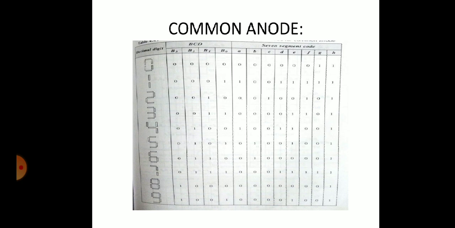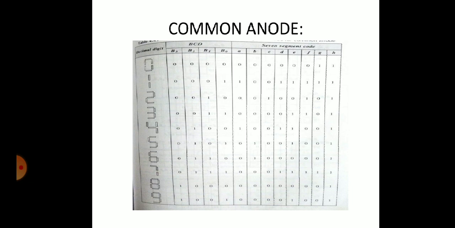Clear? Again I repeat, the LEDs A, B, C, D, E, F, G, which LEDs will blink, it represents 0. Which one will be off, it represents as a 1 for common anode.